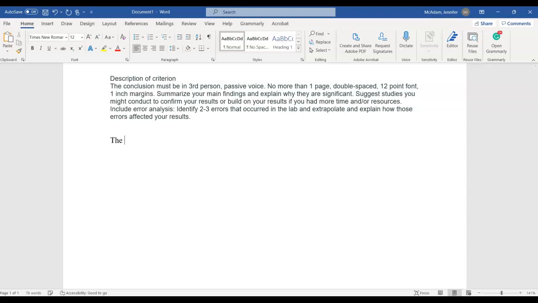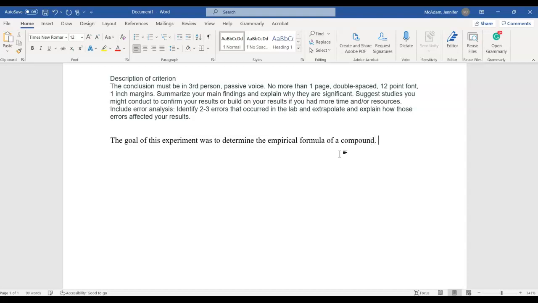Maybe the goal of this experiment was to determine the empirical formula of a compound. That's kind of like your purpose a little bit there.